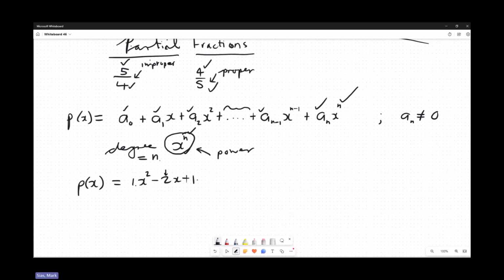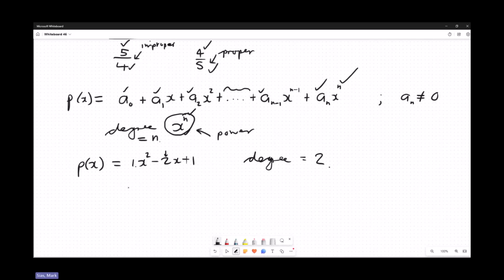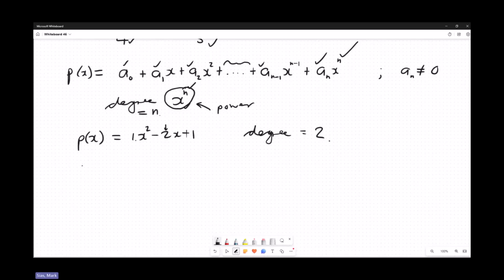The degree of this polynomial, what is the highest exponent there? 2. Can you see that? Yes. And then a linear function, let's say we can call this p1 of x, and this p2 of x. Let's say we have a linear function like this, 2x plus 1. What is the degree there now?